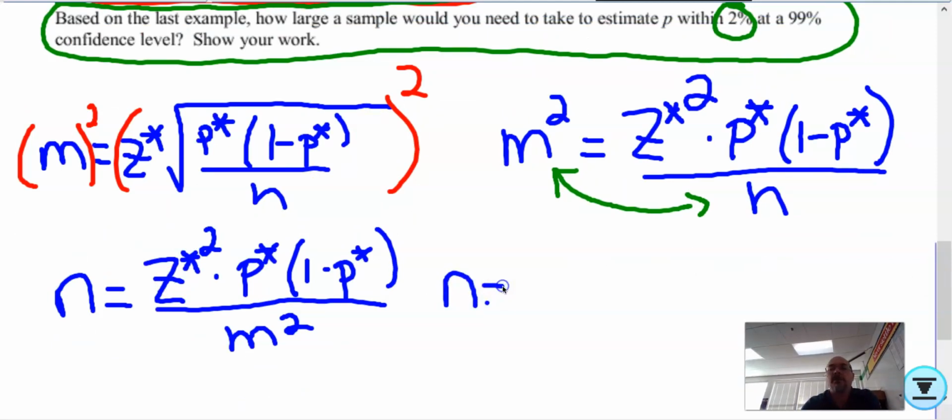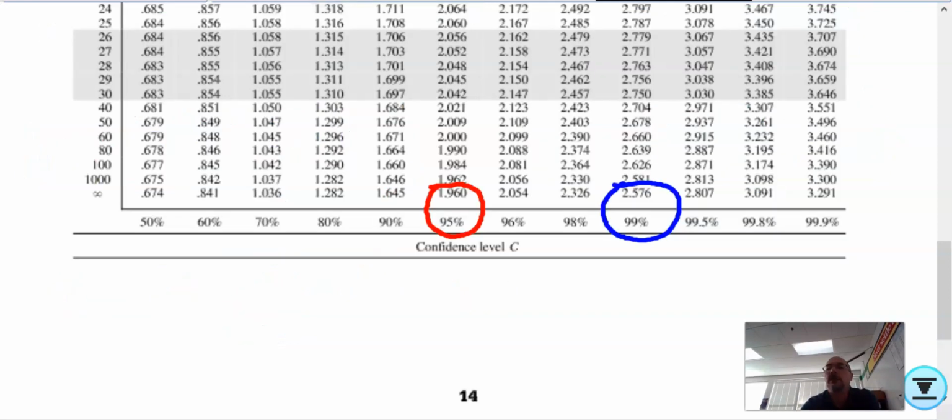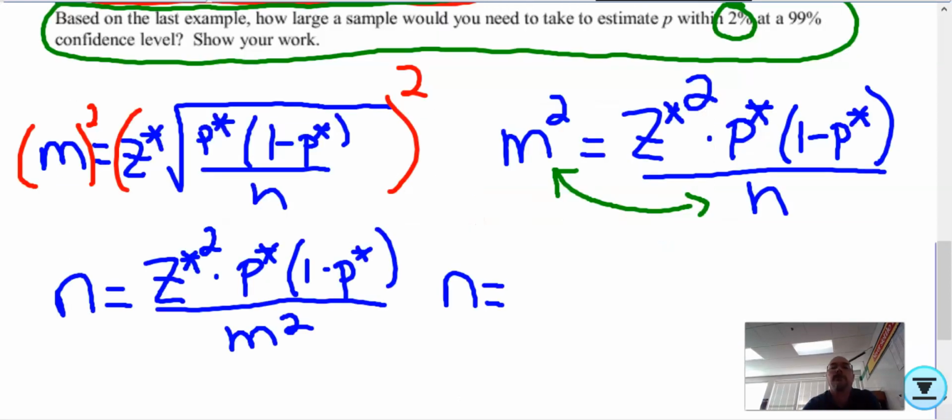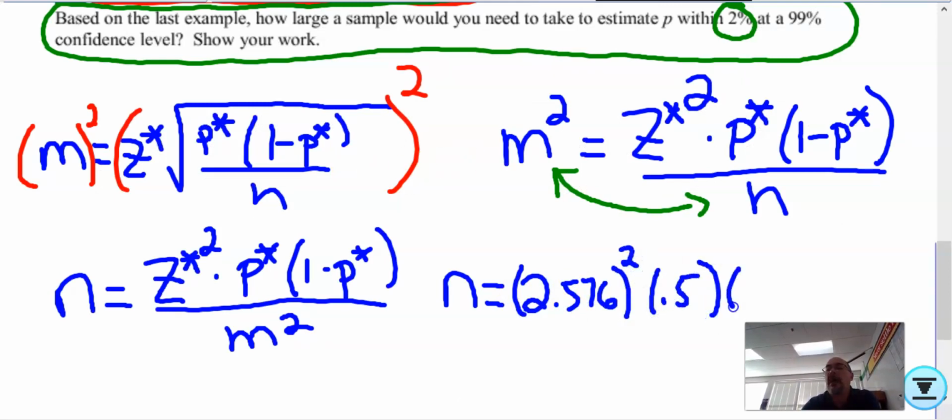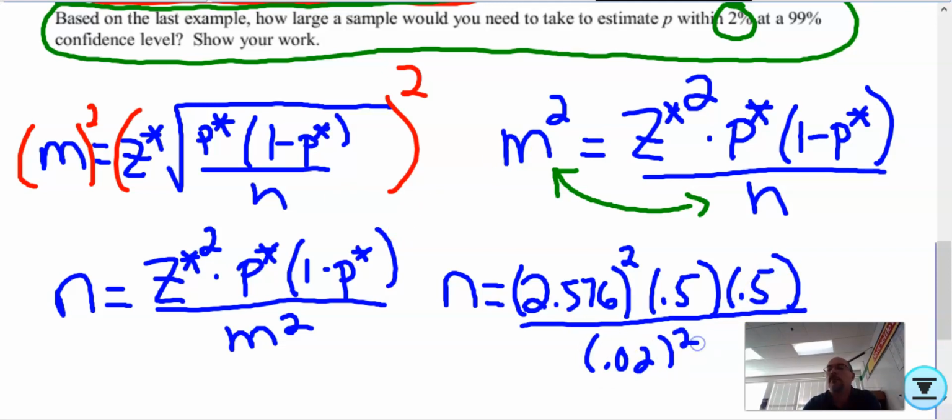The sample size is going to equal, now 99%, remember, is 2.576. So I'm going to take 2.576 squared times 0.5 times 0.5 divided by 0.02 squared.